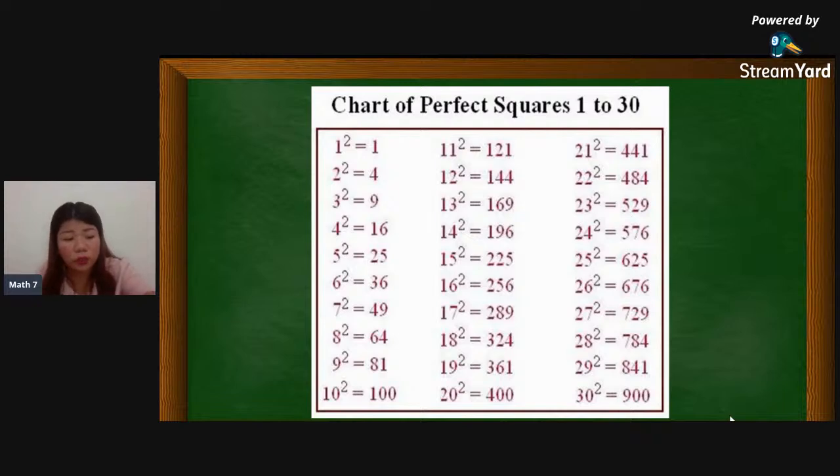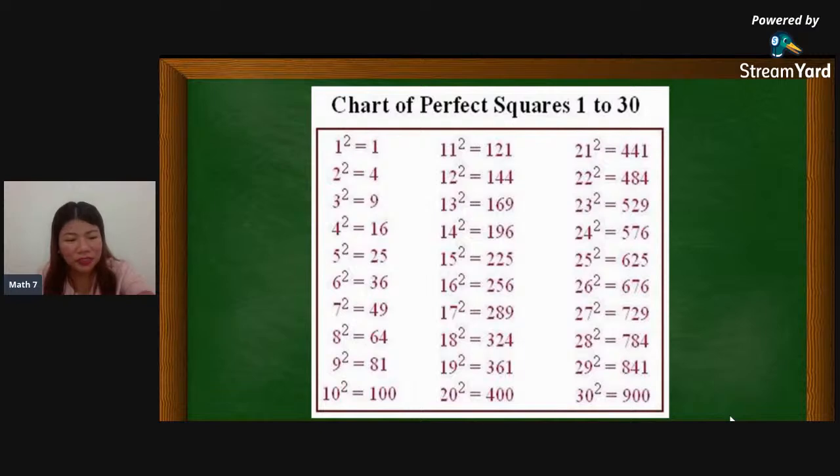Okay. 1 square, 1. 2 square, 4. 3 square, 9. 4 square, 16. Kala ko hanggang 900 eh.